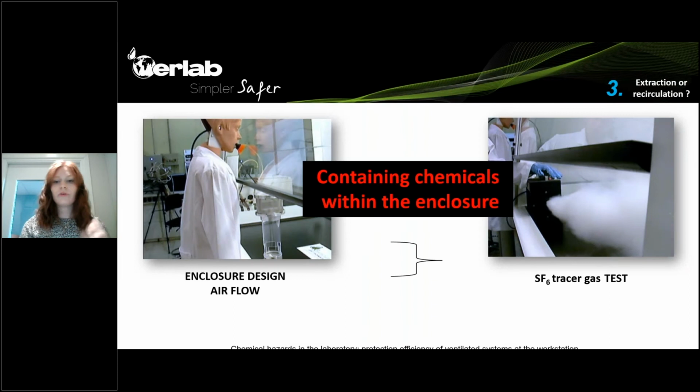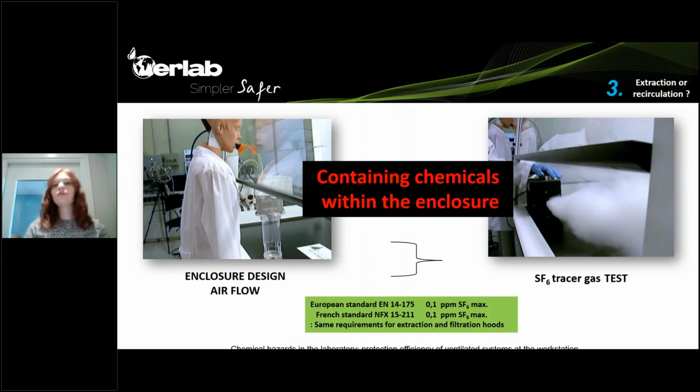To check the safety, as a proof of the good containment of a ducted fume hood, a test is made that is called the SF6 tracer gas test, which means that SF6 tracer gas is emitted inside the enclosure of a ducted fume hood.